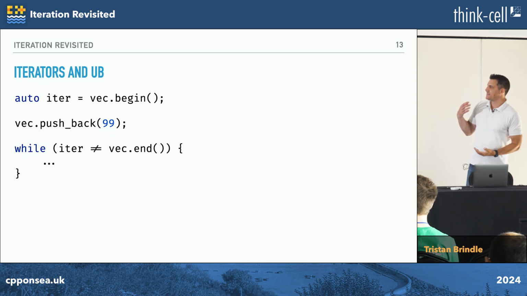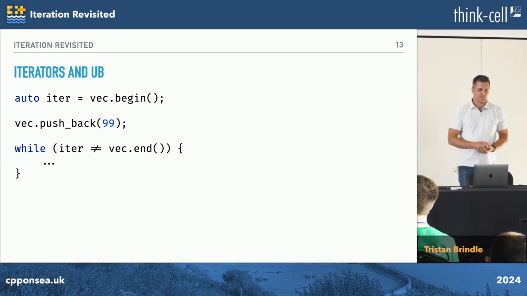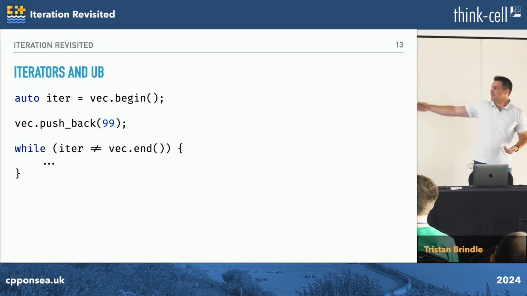And what makes this particularly upsetting to me is that this is probably going to work okay most of the time, right? Because if there is spare capacity in the vector, then push_back's not going to cause a reallocation, and you're going to get away with it. Iter is not going to end up being invalidated, and so this code's going to work all right.